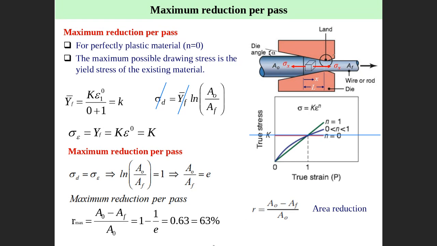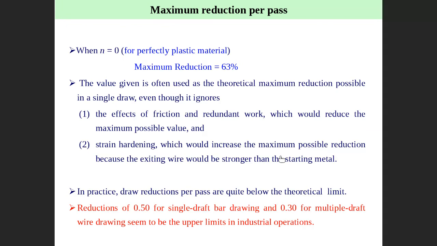This 63% is the ideal case in deformation, not considering the elasticity of the material, friction, or redundant or non-homogeneous deformation. Actually, this is a very high reduction and very theoretical.